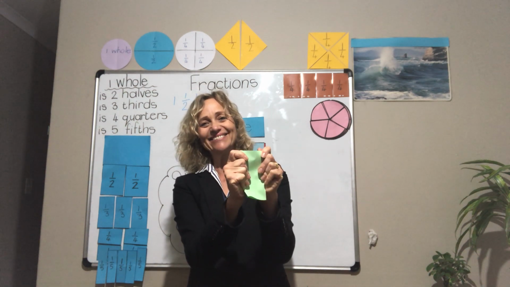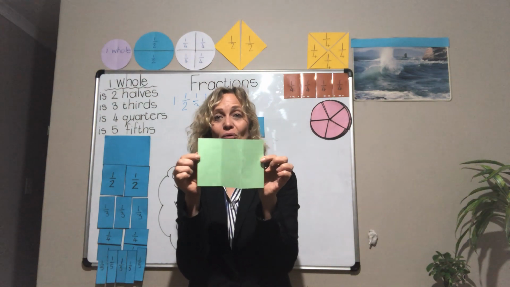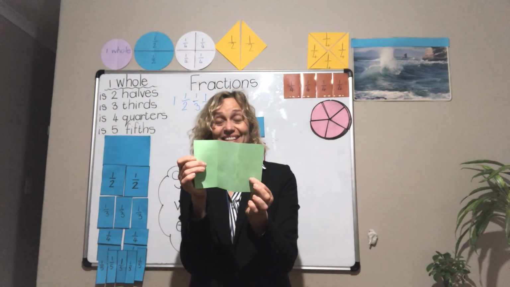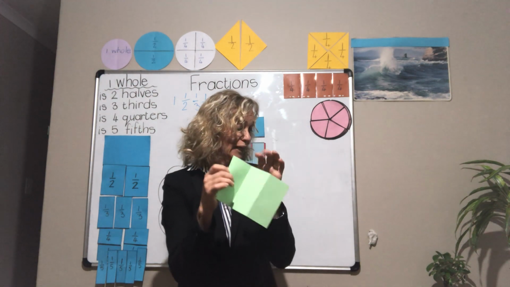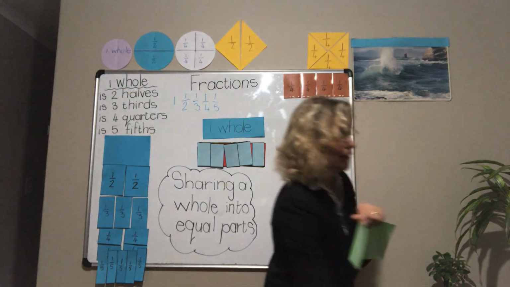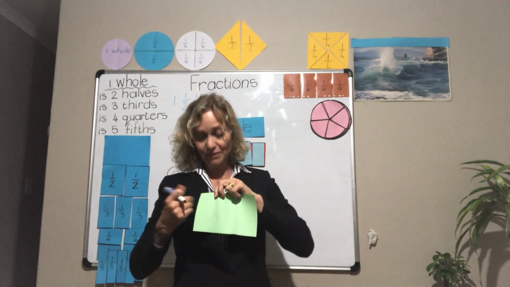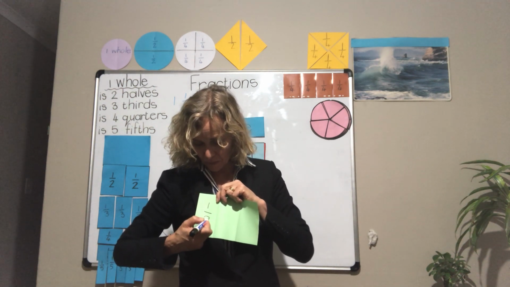And I'm going to shuffle it so that it looks like equal parts to me before I press it together. What happened now? I formed thirds. Can you see that? 1, 2, 3 equal parts. And then I want you to go ahead now and color 2 of your 3 equal parts. It's called 1/3.